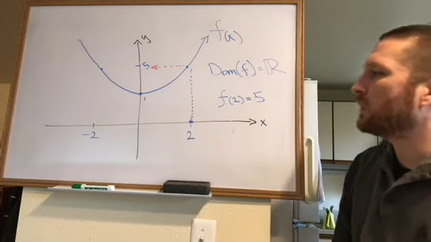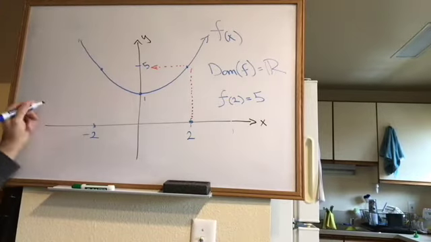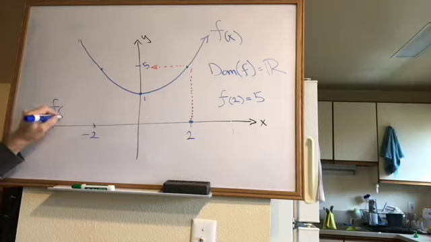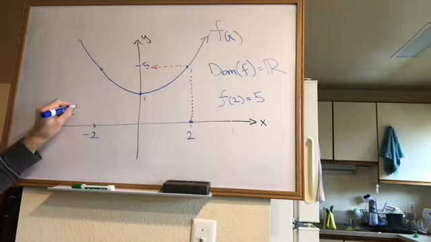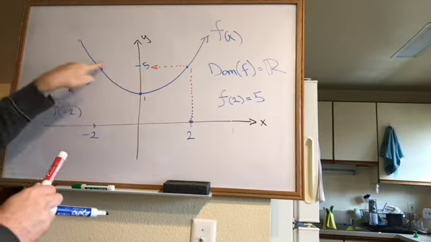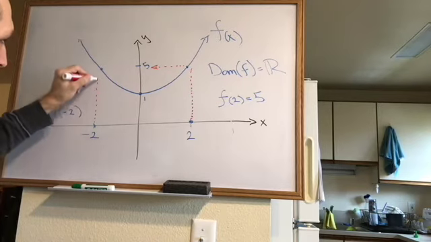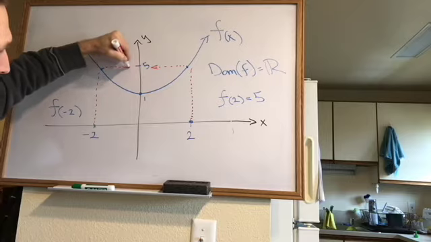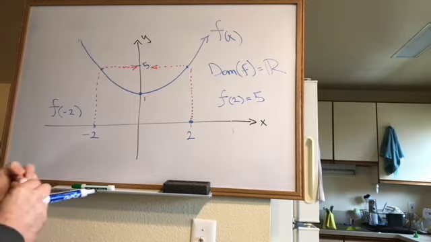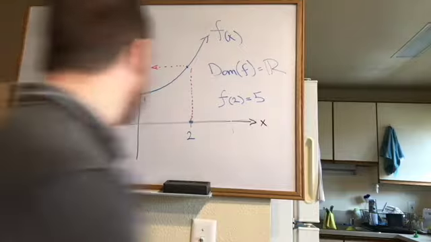Okay, then what's f of negative 2? When I plug in the negative 2 here, what is my output? 5. Also 5, right? And I've drawn it with a little point, meaning yes, these things are all together. This means that when I plug in a negative 2, what gets hit is that number right there. So yes, f of negative 2 is also positive 5.